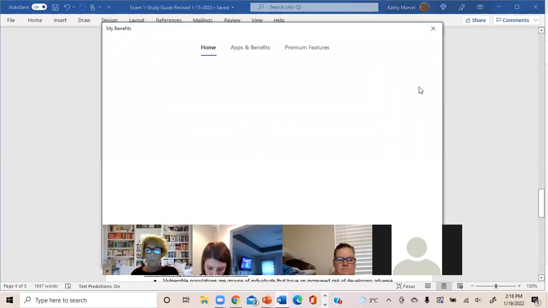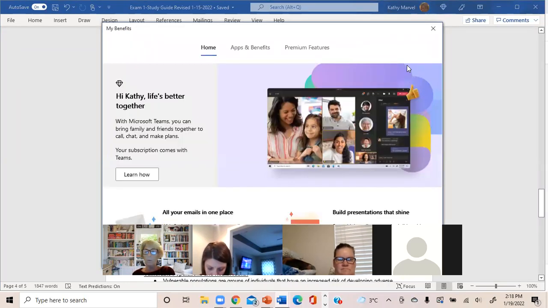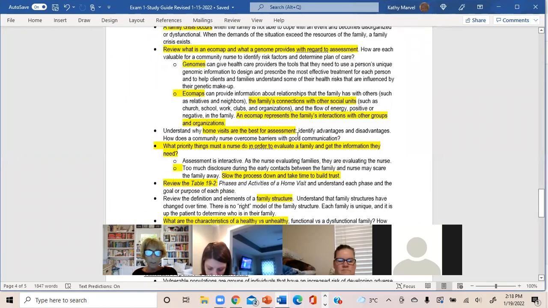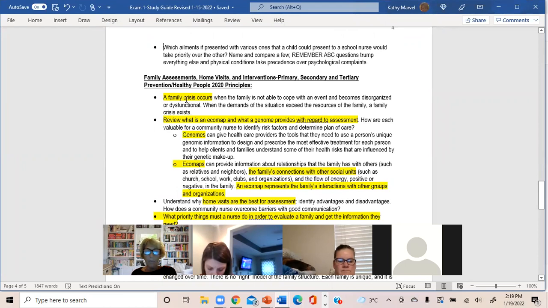Okay, what's a family crisis? I'm going to keep all this highlighted because this is what I highlighted yesterday, but you're responsible for everything. You need to review the difference between a genogram and an ecomap. These are 2 ways to do family assessments.